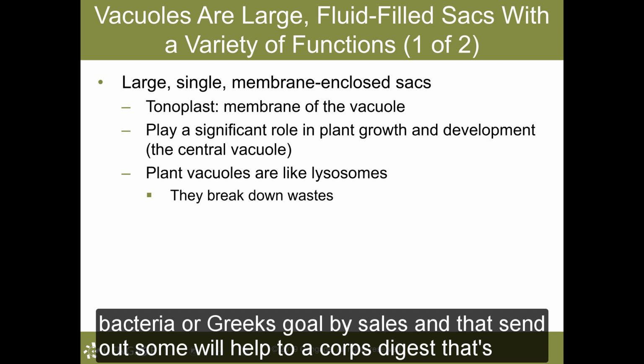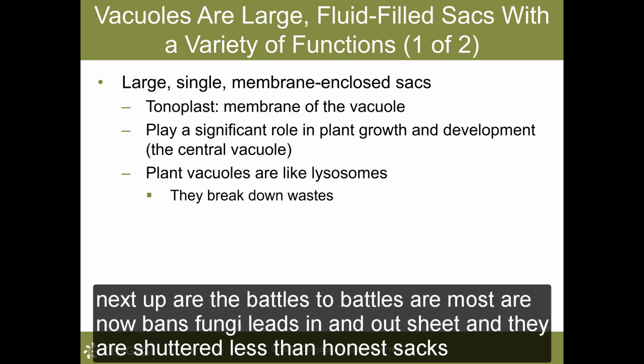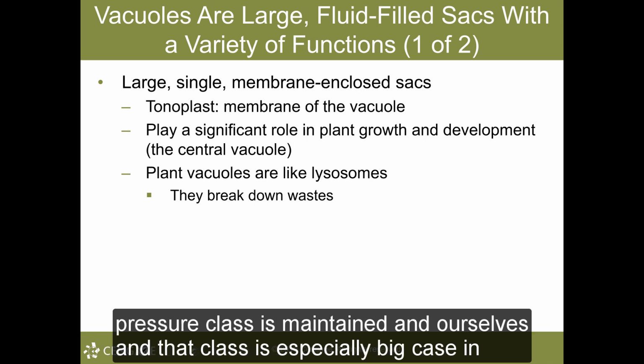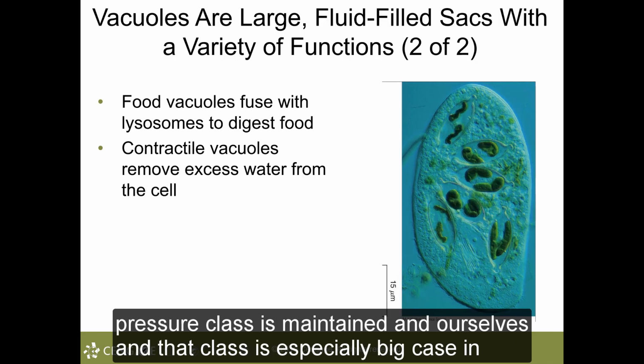Next up are the vacuoles. So vacuoles are mostly found in fungi, plants, and even algae, and they are structurally, class, membranous sacs. So what the vacuole does is store materials, store wastes and water, and ensure that the hydrostatic pressure, class, is maintained within our cells. And that, class, is especially the case in plants.